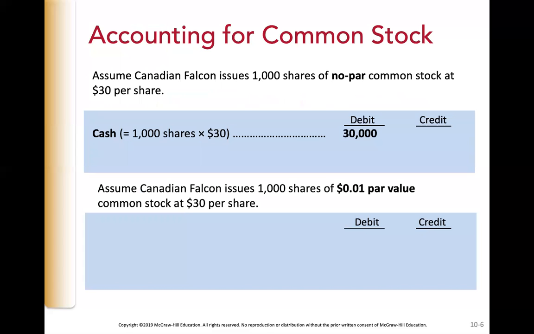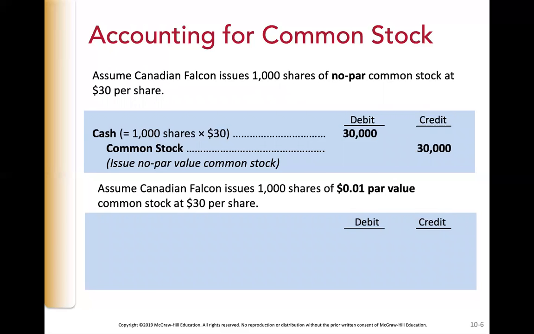We debit cash for the total amount of cash the company receives, 1,000 shares times $30 per share, and we credit common stock for the entire amount, the $30 per share times 1,000 shares. So this transaction that you have been recording has been for no par value common stock.